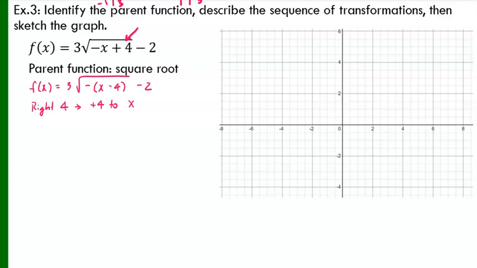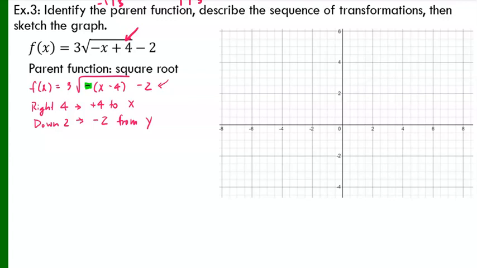Okay, we know that based on here it is going to be a down 2. So how does that translate? We're going to subtract 2 from the y value.